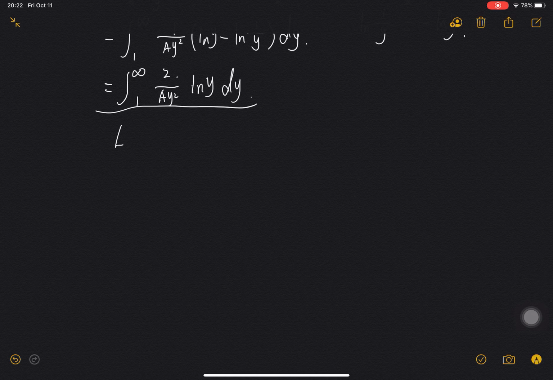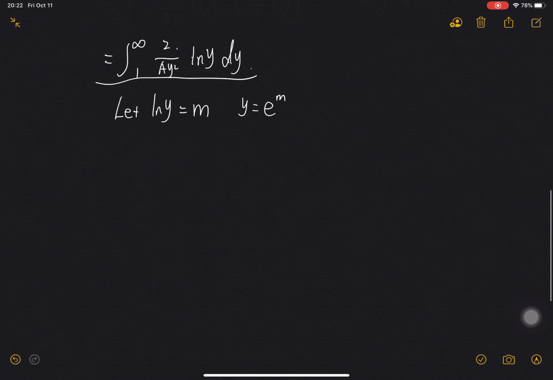First let ln y be m, so y is e to m. And the above equation should be like this one.